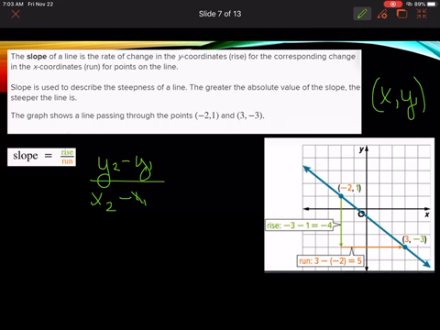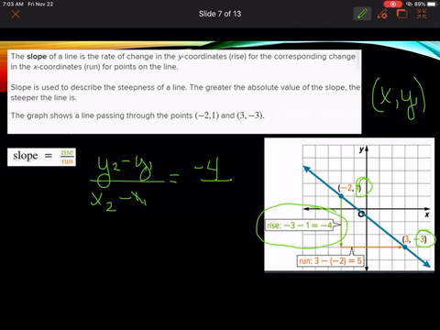you're using different points. So if we look here, our rise is already done for us. We're going to take the negative 3 and the 1. So I'm going to take the y coordinate of both, subtract them, and I get negative 4.